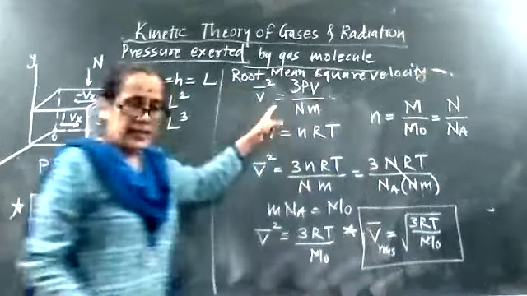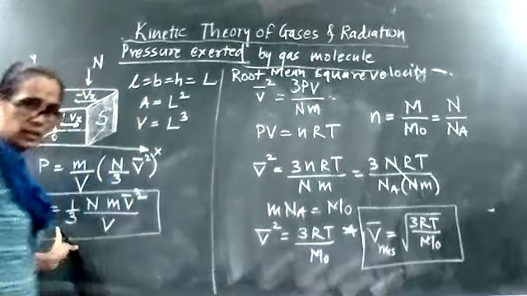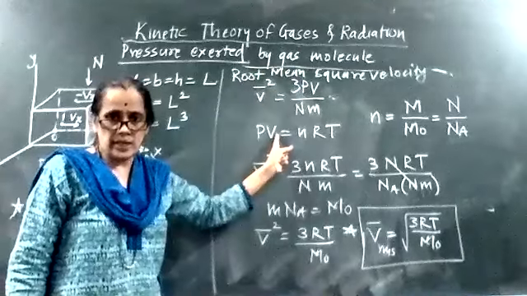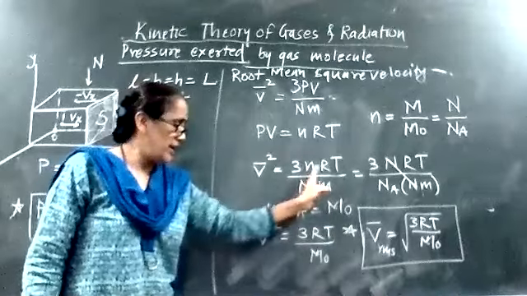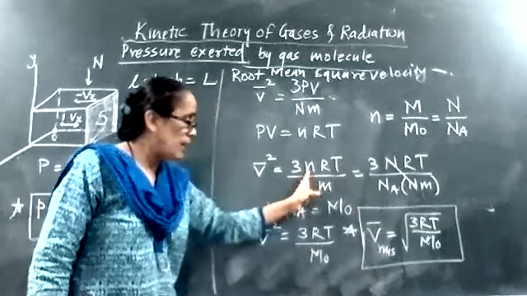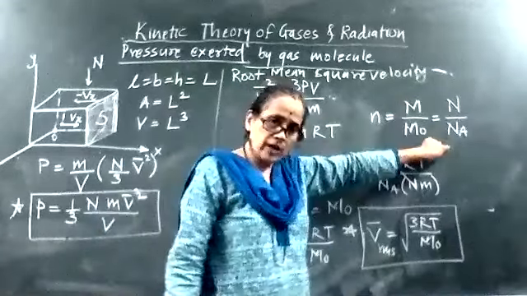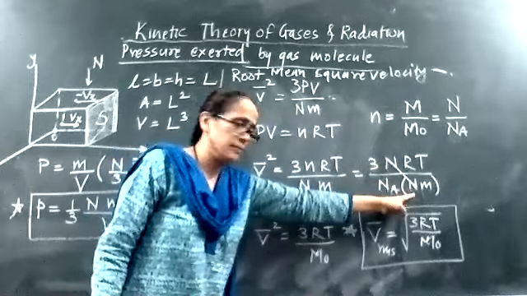For that purpose, I can write down the average of the square velocity from this pressure equation in this manner. Instead of PV, I can use the ideal gas equation, PV equals nRT. Then I put the value of n. n is nothing but capital N upon NA.